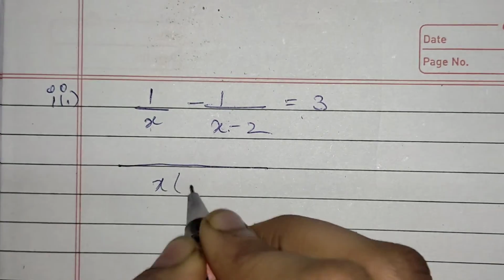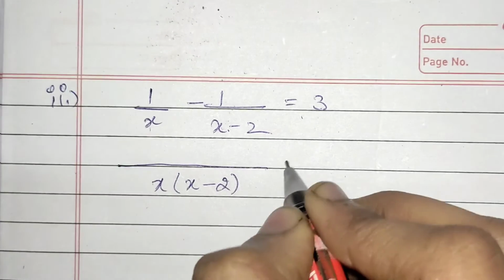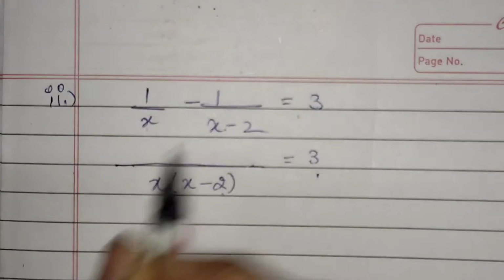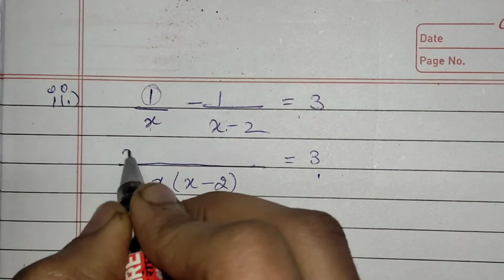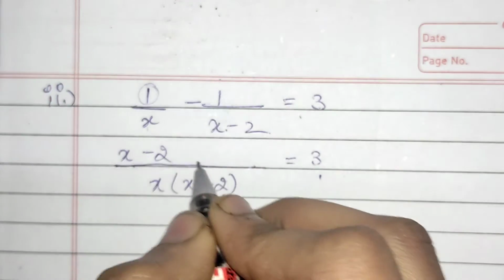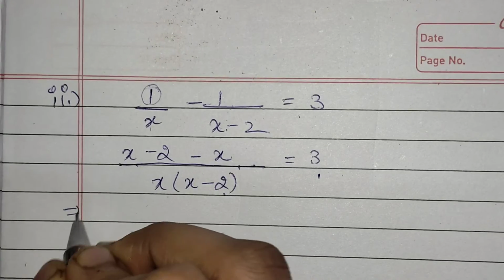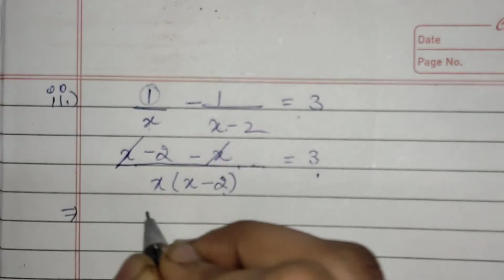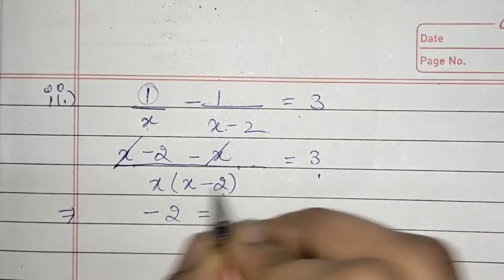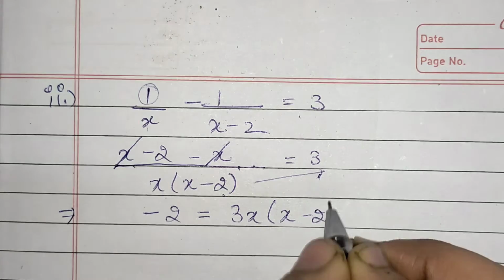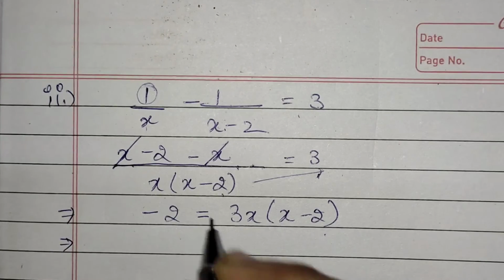Take the LCM. LCM will be equal to what? x into x minus 2 will be the LCM, and here what you will get? x minus 2, and here you will get minus x. Okay, so x and x will get cancelled out and minus 2 is equal to, this will be multiplied by 3x into x minus 2.